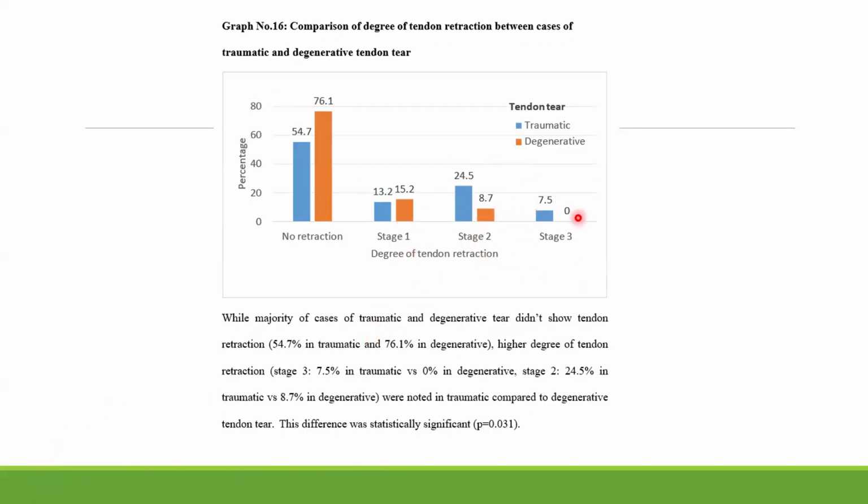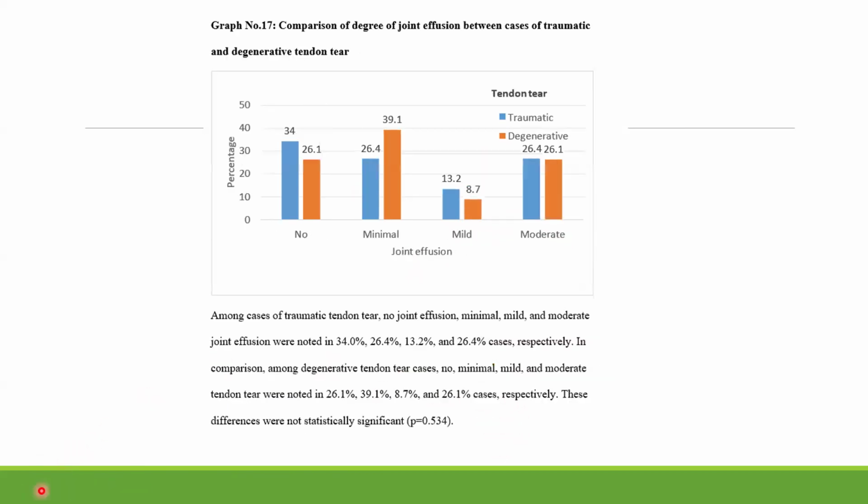Stage 2 and 3 of tendon retraction are more in traumatic tears as compared to degenerative tears, and the p-value was found to be 0.03, which was statistically significant. Joint effusion was comparable between the two groups, and it was not statistically significant.